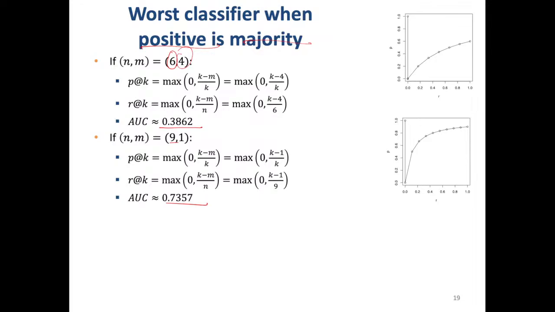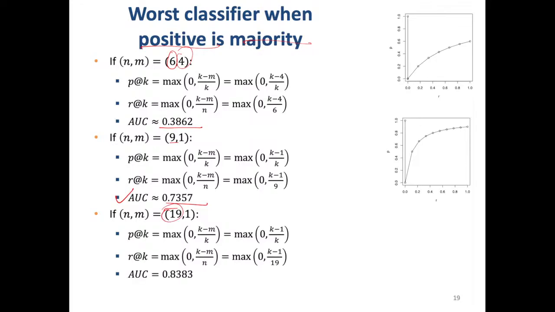So if I just report this area under the PR curve, it seems okay at first look, but it's the worst classifier you could get. It's impossible to get a PR curve whose area under the curve is even smaller than 0.7-something when you have 9 positives and 1 negative. Okay, if we make the ratio of the positive instances even larger, the area under the curve is 0.8-something.